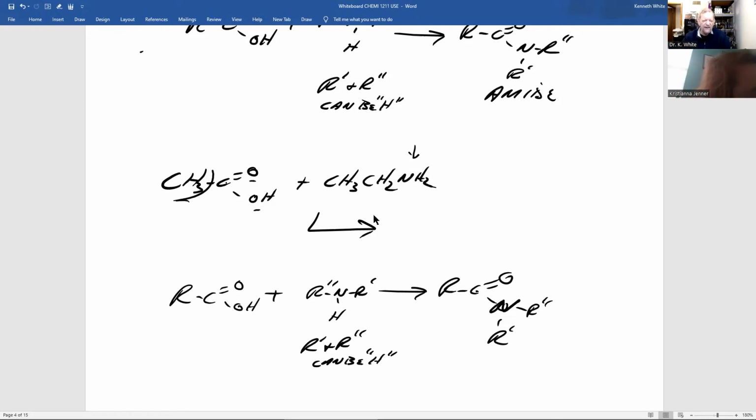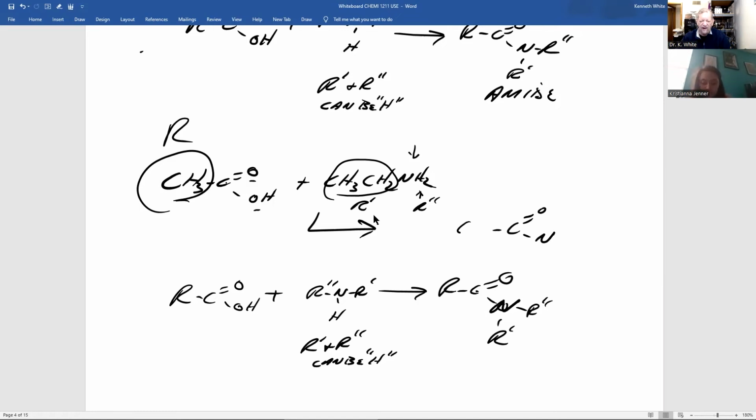All right, so if we look here, this is R. I can call this R prime, and one of the hydrogens here are double prime. So I'm going to have my carbonyl, nitrogen. What's R? Methyl. What's R prime? Ethyl. Doesn't matter which side, top or bottom.